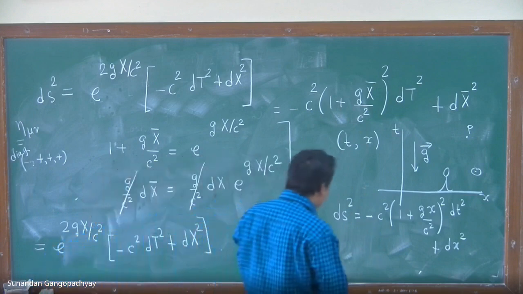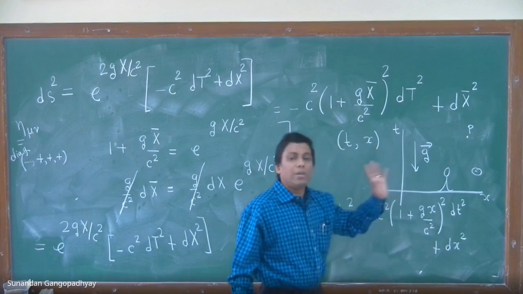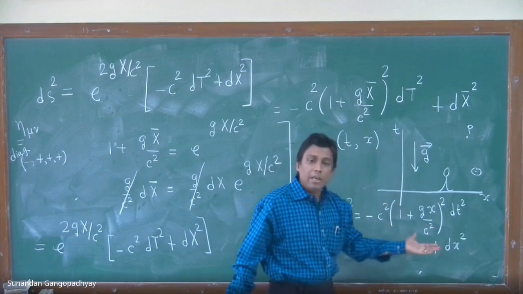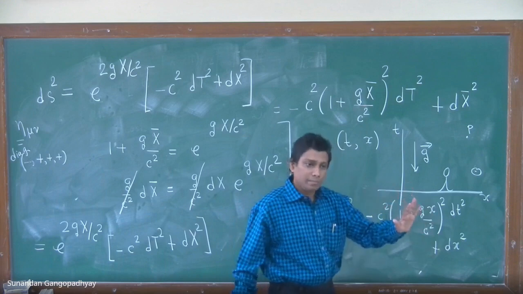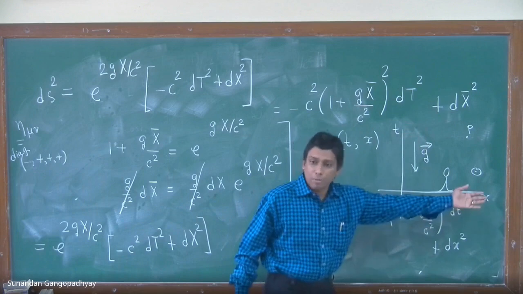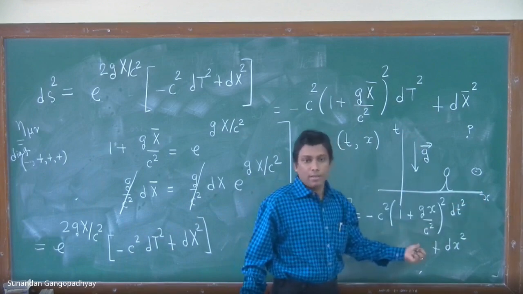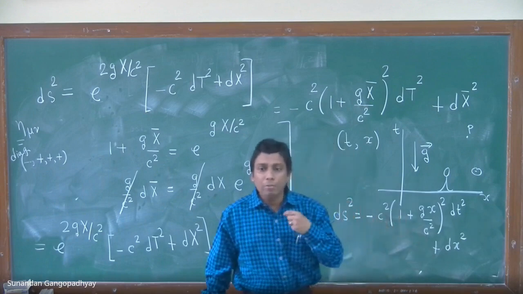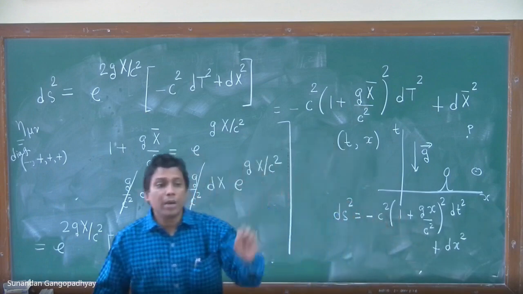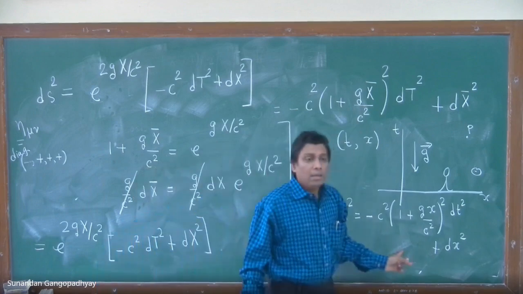So what it basically says is that this result could have been derived in a different way also. That also we can do. It's completely different. You can start from this problem and try to derive directly what my metric will be in a uniform gravitational field. But what we have done is a trick.